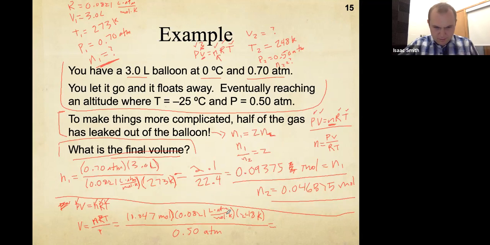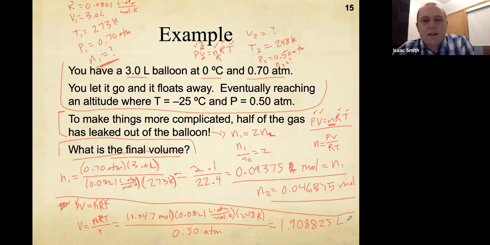So 0.047 times 0.0821 times 248. I'm going to divide all of that by 0.5, and it gives me 1.90885. Okay, and that is in liters. Yes, liters.